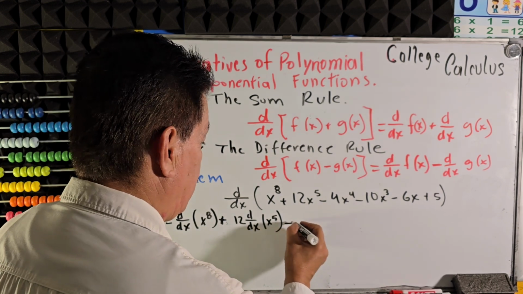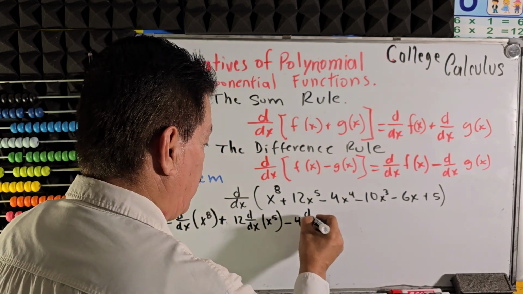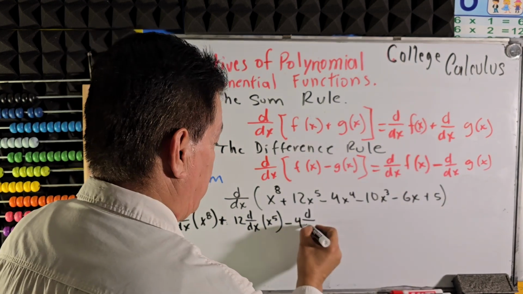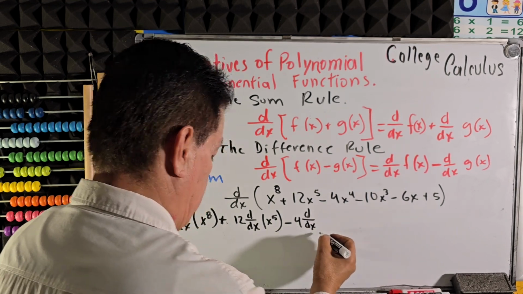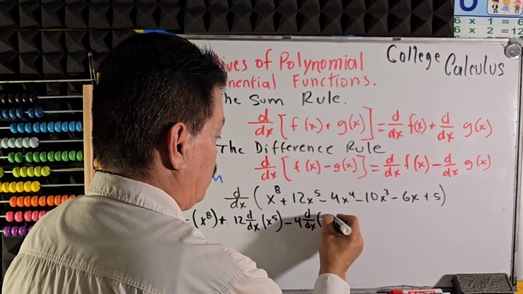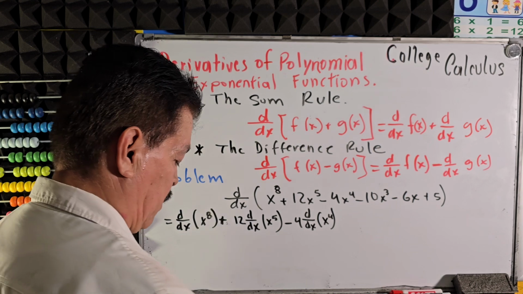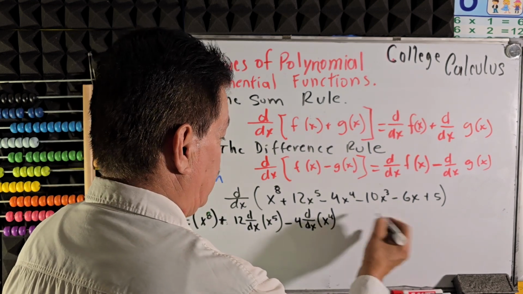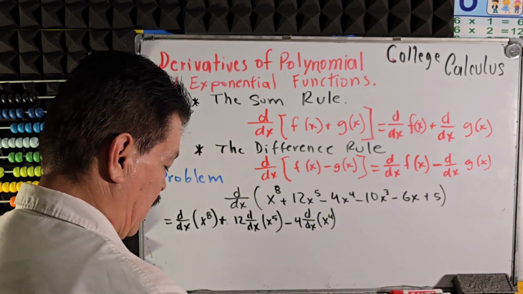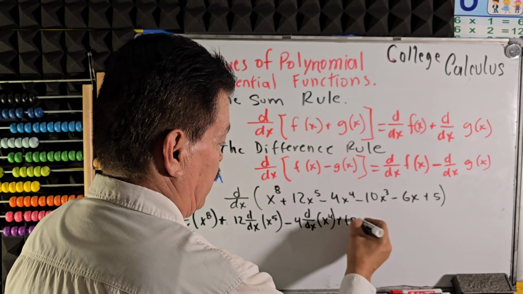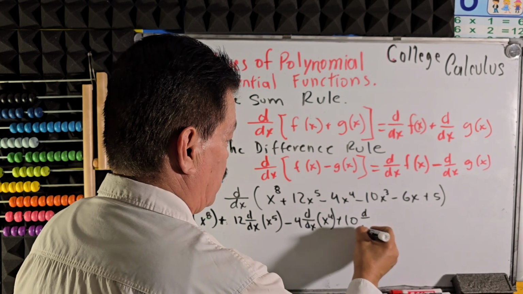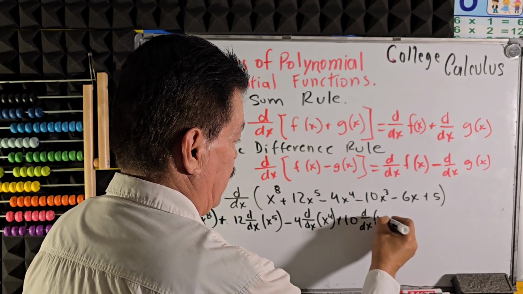Minus 4, and then we have to write d divided by dx and the 4 times x to the 4th power, right? Yeah, because I avoided that, but we have to write it. Plus now 10 d divided by dx of x to the 3rd power.